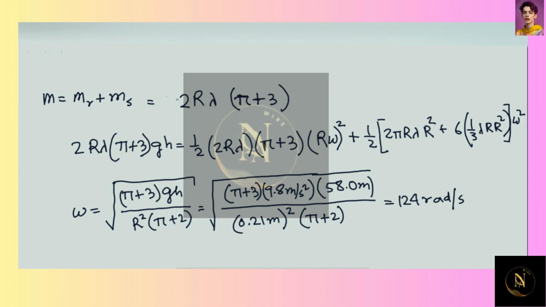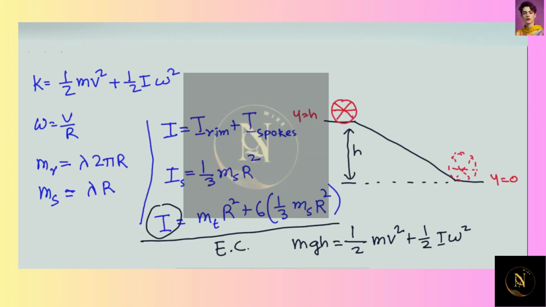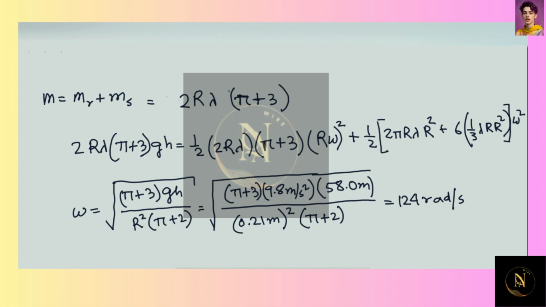Now, if we put this expression in the energy conservation, because we need m here, we get this quantity times gh, which is equal to the mass of the rim plus the mass of the spokes. So this is the total mass, and here this is the mass of the rim, and this is the mass of the spokes, and then we multiply that with r squared.